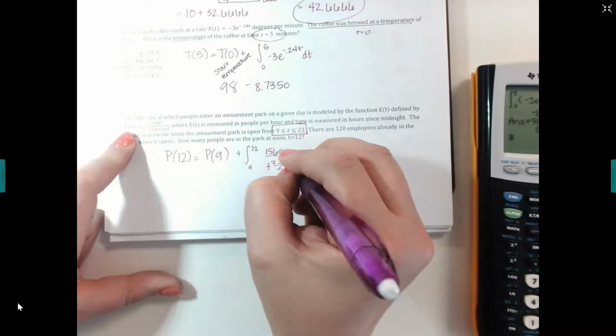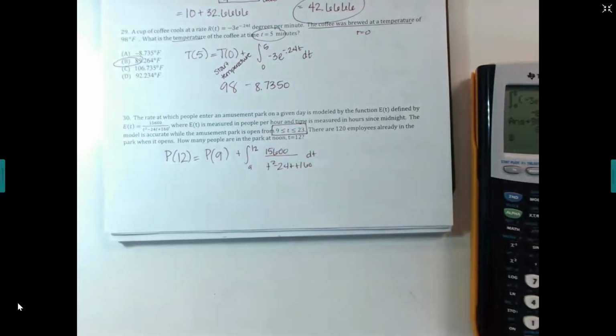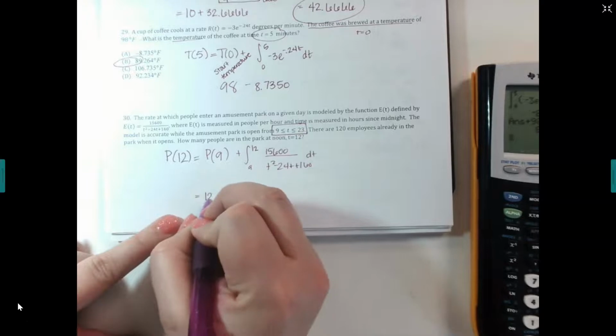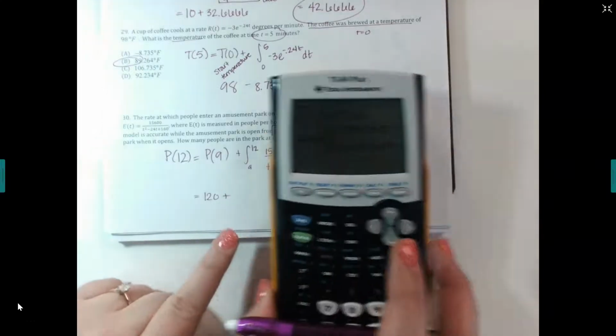Okay, and then I'll do the integral part in my calculator. And then how many people are there at 9 for me to go ahead and fill this number in? 120. So I'll do 120 plus, work out that integral, and then just add them together.